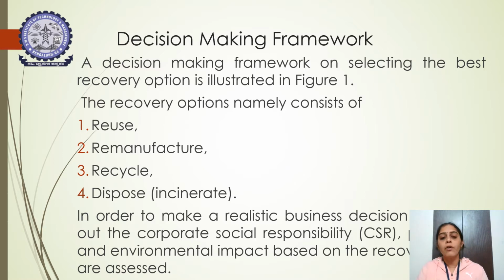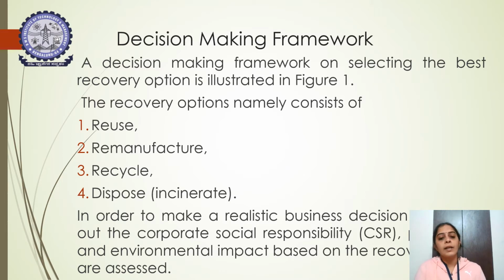Similarly, they can go for recycling. If the product was good enough and it has achieved its total profit, and you're sure that it won't be reusable again, there is no need of doing the remanufacturing part. Then you can recycle that product to get the material back so that you can resynthesize later. So this is the third option.